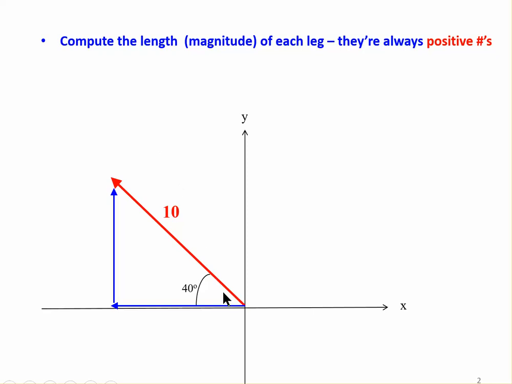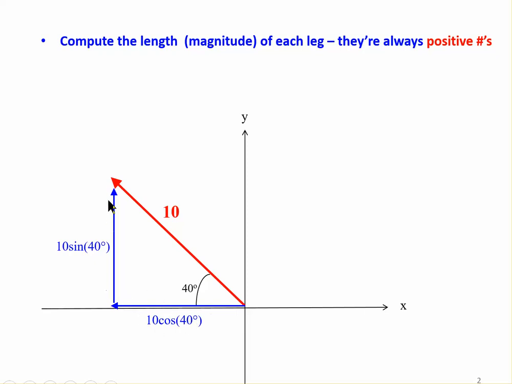Once you have your triangle set up, the next step is to compute the length of each one of these legs of the triangle. Now you're computing the magnitude or the length of this vector, and the magnitude or the length of this vector. Magnitudes of vectors are always positive, so you're always going to have a positive number for the magnitude or the length. If I look at this right triangle, I use a little bit of trig, and I can show that the length of this side is 10 cosine 40 degrees.